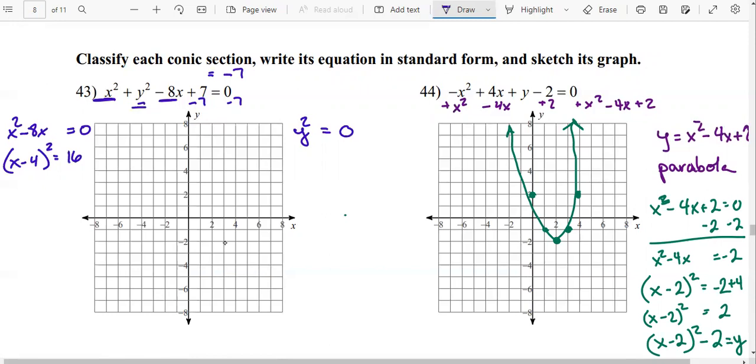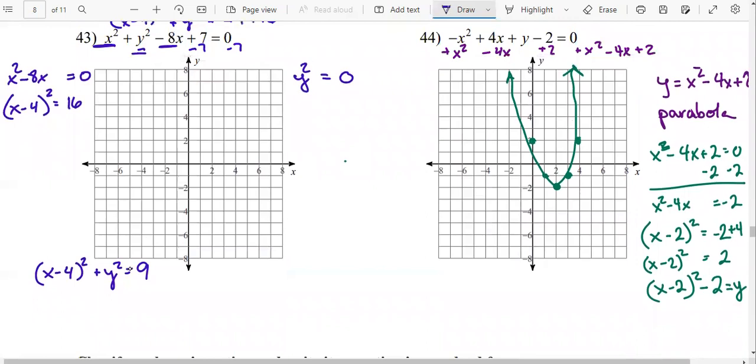So what do we get here? We've got x minus 4 squared plus y squared equals -7 plus 16. So x minus 4 squared plus y squared equals 9. So this one, if we were to divide by 9 on both sides, then both of our x and y would have the same number under them, which means this is a circle.